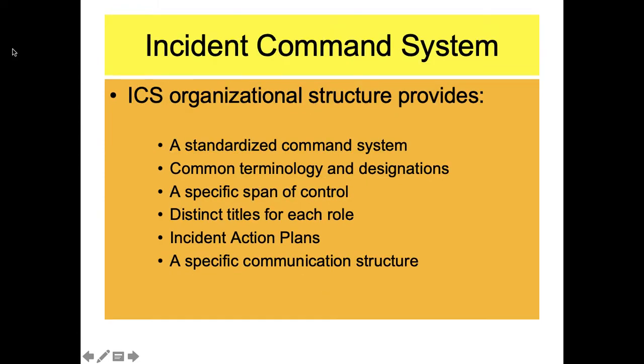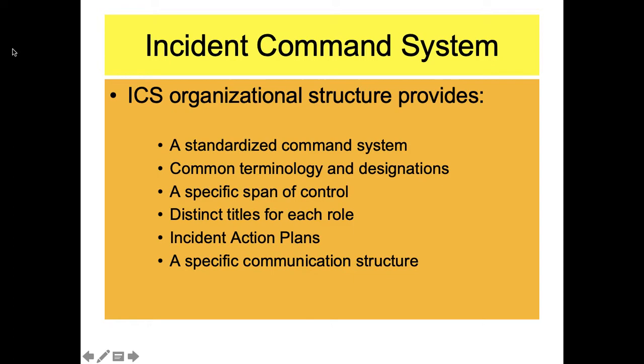Now, the incident command system is just a way of organizing the structure of your response. It can be as little as a couple of units and some crew members, a little tiny incident, and it could expand to thousands of people, like Hurricane Katrina or one of those larger events, or 9/11.